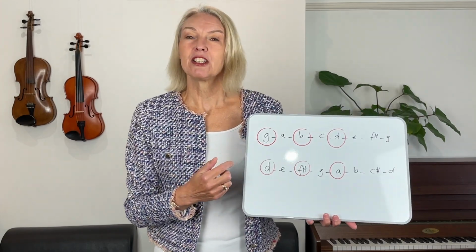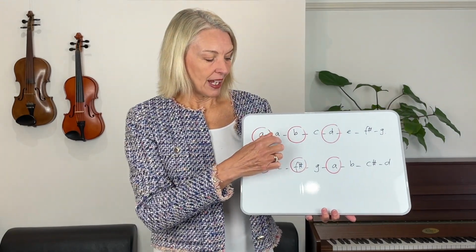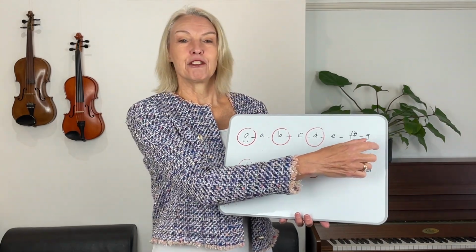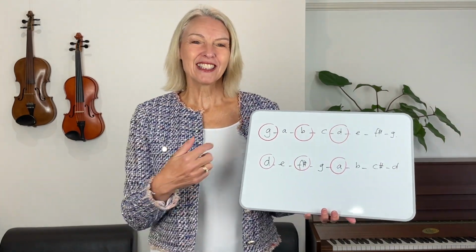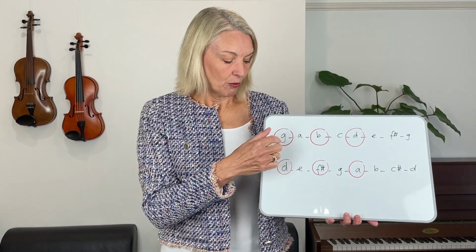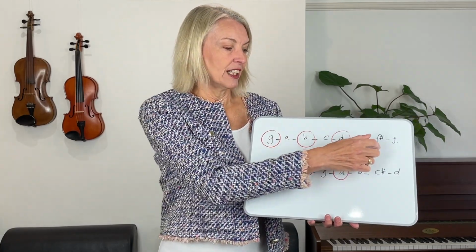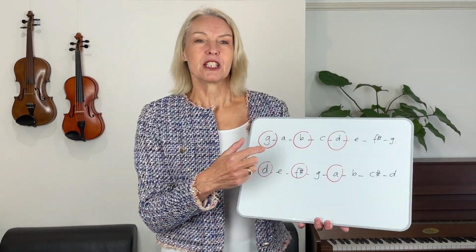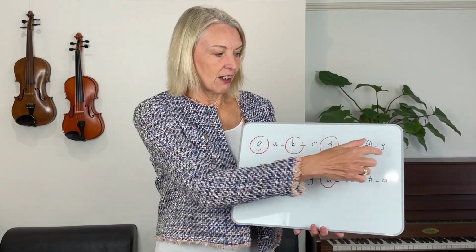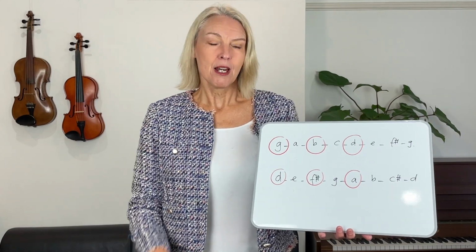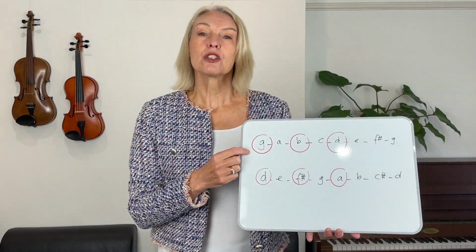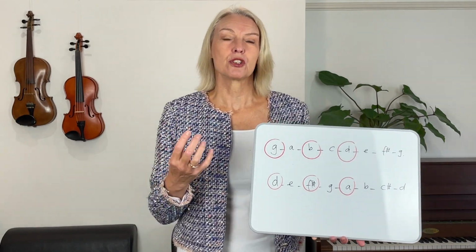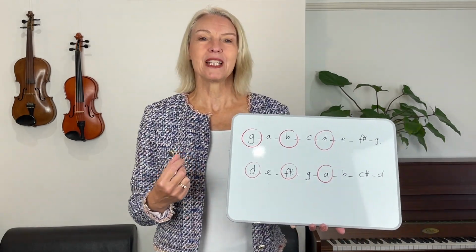The letter names in the G major scale are G, A, B, C, D, E, F sharp and G. And we can count those notes like 1, 2, 3, 4, 5, 6, 7, 8. You can see there are really 7 notes in the scale because the first and the last one are the same. But every first one is called the tonic. So the G in the G major scale, the first note, is called the tonic. That's just what that word means.